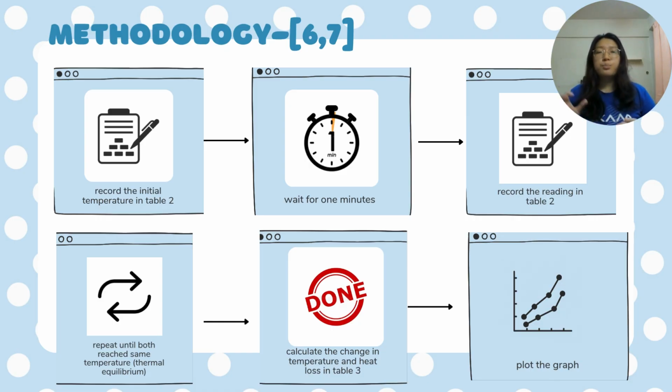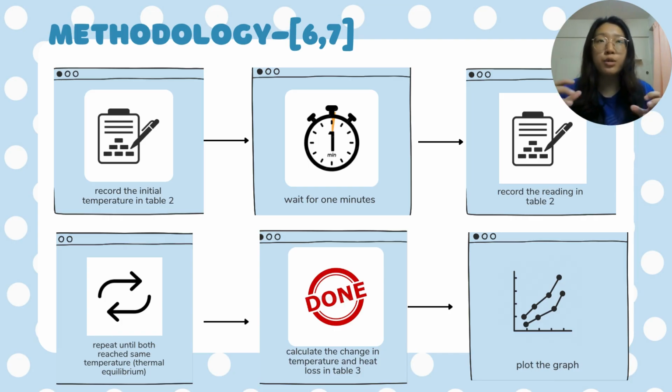After putting the hot coke and the cold milk together, we set the two thermometers to measure the initial temperature, and we record it in table two. After that, we start the stopwatch for 1 minute.